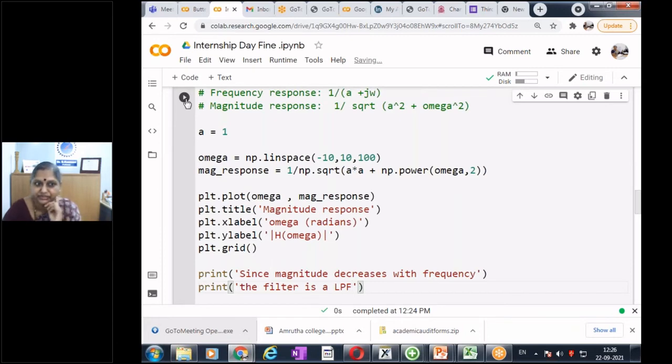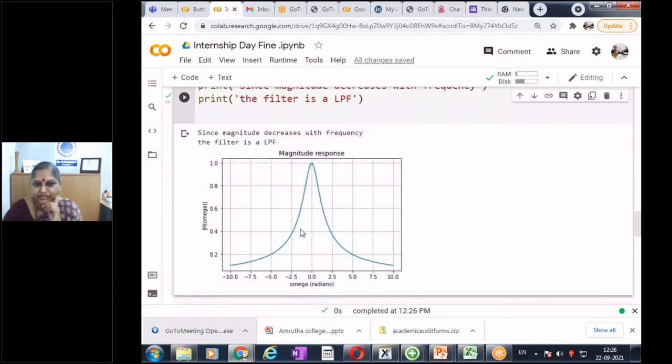Let's run it, and this is what we have from the magnitude response. The magnitude decreases, and hence it's a low pass filter.